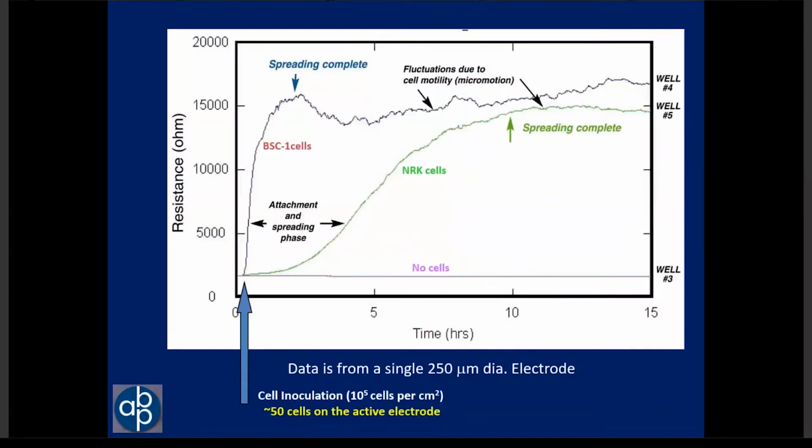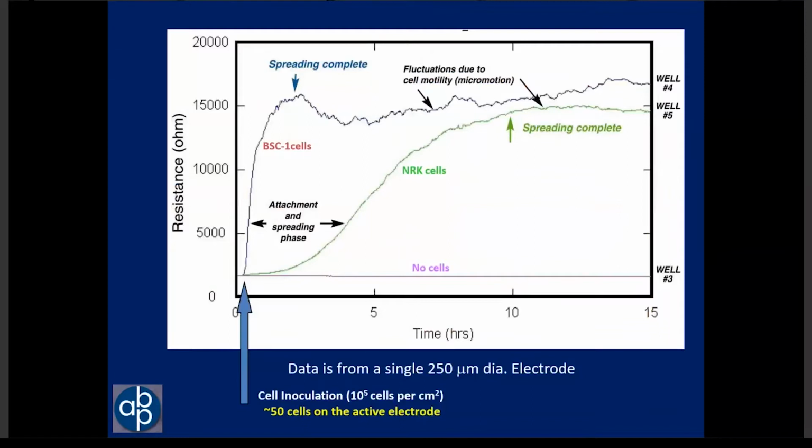This is typical data we would see if we inoculate one of these small 250 micrometer diameter electrodes with 2 different types of epithelial cells, in this case BSC1 cells and normal rat kidney cells. First, look at the bottom trace. When there are no cells added to the well, the resistive portion of the impedance of the electrode remains constant.